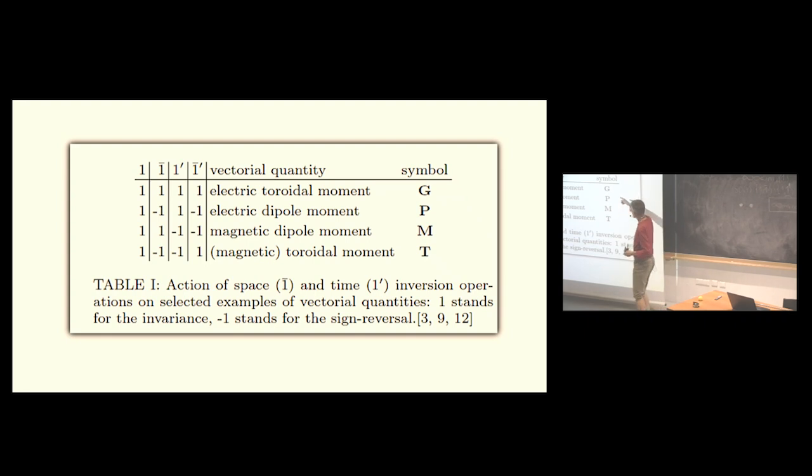And I use the letter G, which reminds you of some duration, but you should think that this is something which is time even, so it has to do with the sense as you go around something circular. If you imagine that there would be some sense of going around, this is the symmetry which corresponds to the electric toroidal moment.